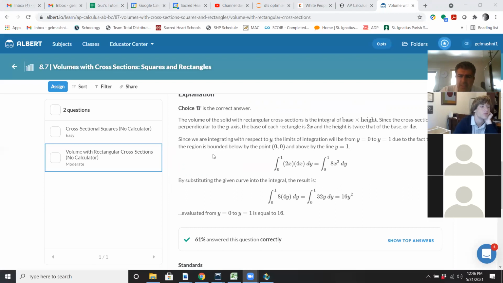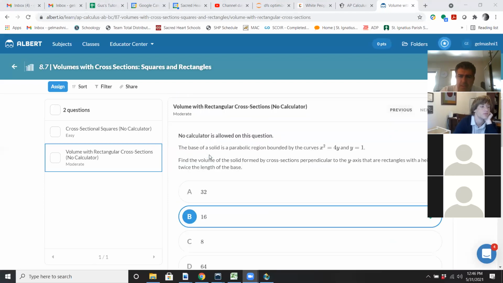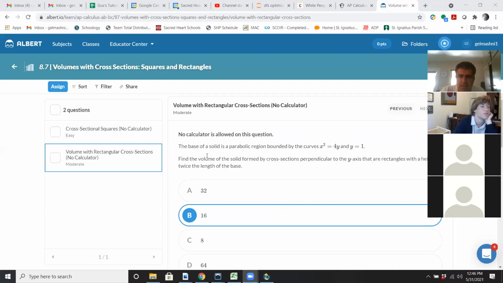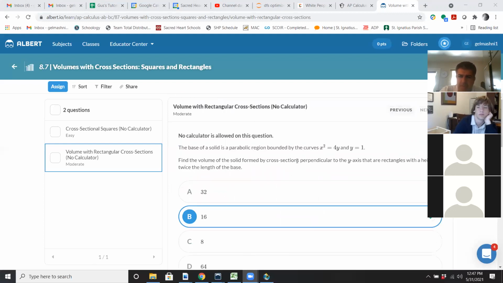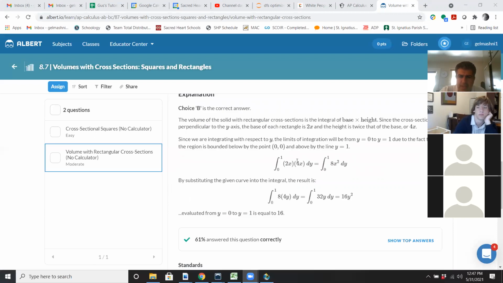Would it just be x? Yeah, I think they goofed. I don't think they meant to say 2x at the base of each rectangle. It's just, yeah, it should be 4. I'm curious how they got 2x at the base of each rectangle, which doesn't make any sense to me. I think they kind of goofed there. Anyway.